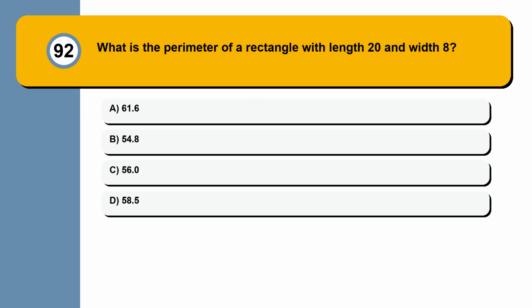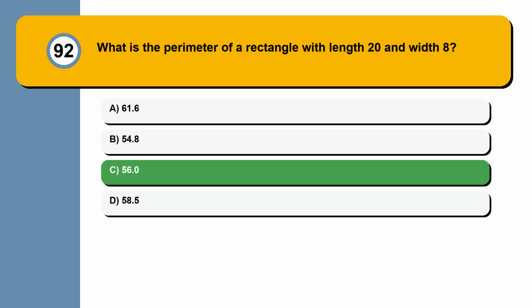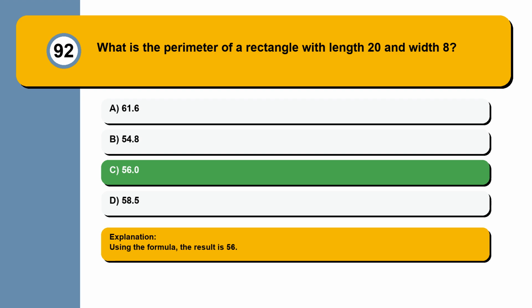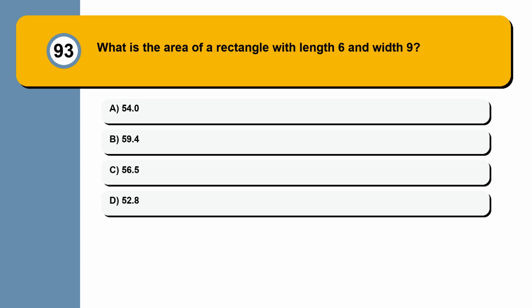Question 92. What is the perimeter of a rectangle with length 20 and width 8? 61.6, 54.8, 56.0, 58.5. Using the formula, the result is 56. Question 93. What is the area of a rectangle with length 6 and width 9? 54.0, 59.4, 56.5, 52.8.